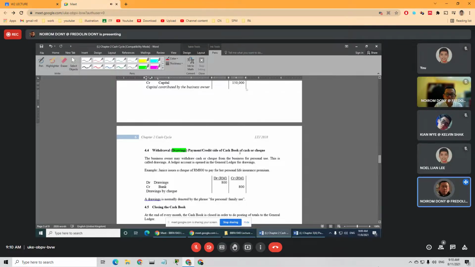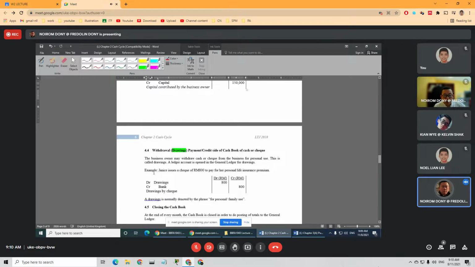This cash book and check, this bank account, is actually an asset. So when it's taken out by the owner, it reduces the bank, sorry, the cash. So we have to credit. So that's why credit side of cash book, and the drawing will be debited.